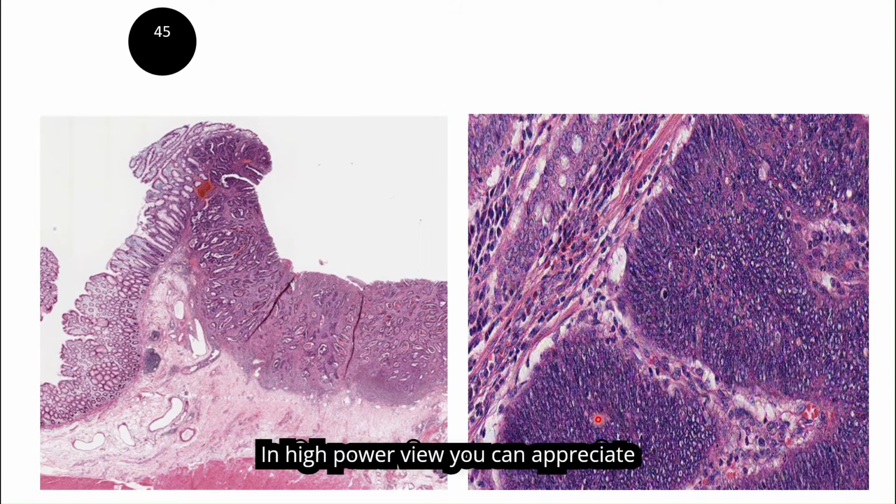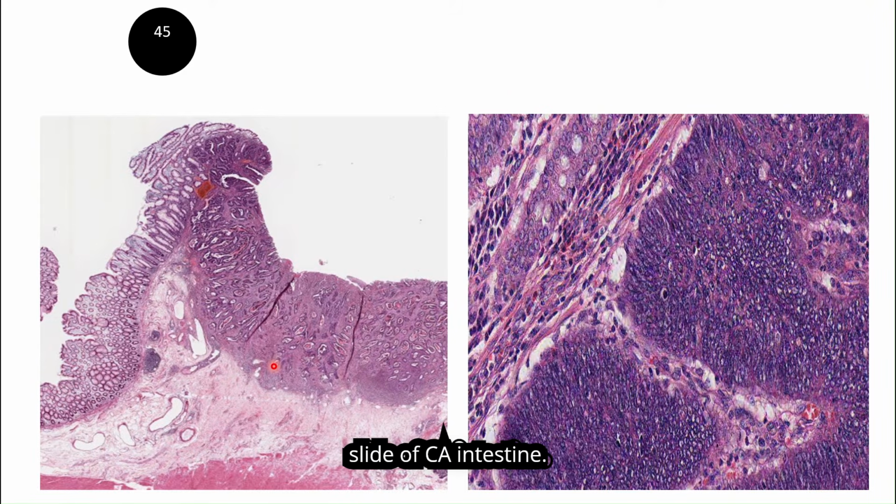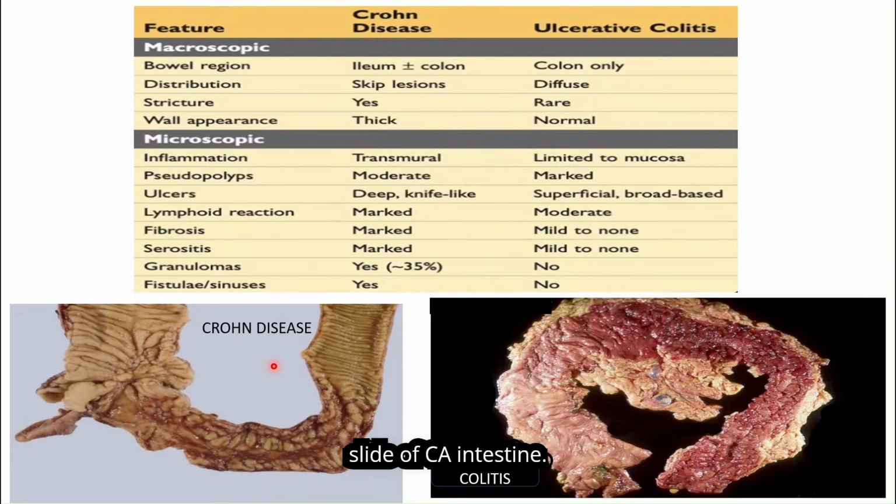In high power view, you can appreciate hyperchromasia and pleomorphism showing collection of malignant cells. So this is the slide of CA intestine.